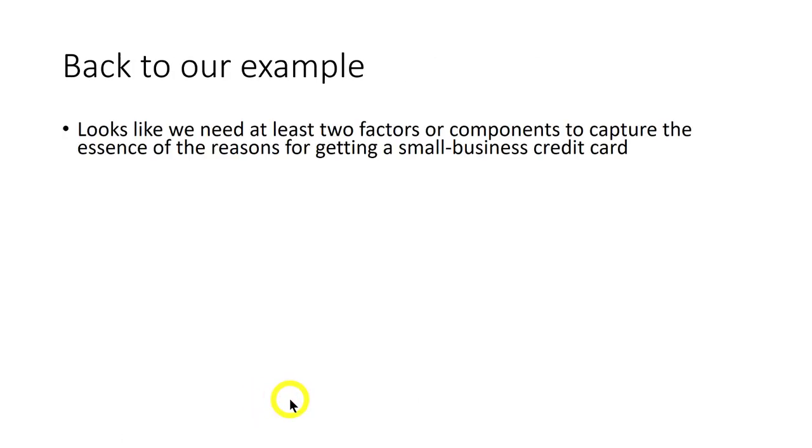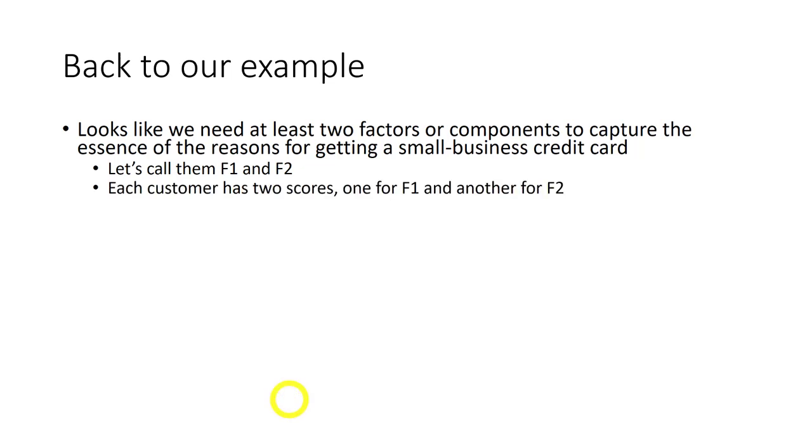Looks like we need at least two factors or components to capture the essence of the reasons for getting a small business credit card. As I did before, I call them factor 1 and factor 2 for lack of any better name. So we're going to assume that each customer has these two scores, that all the data really conveys information on two latent factors or two components, so that each customer has scores on each one of those two components, one for F1 and one for F2.